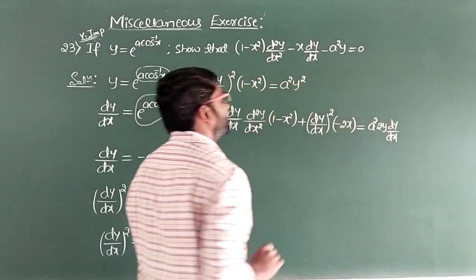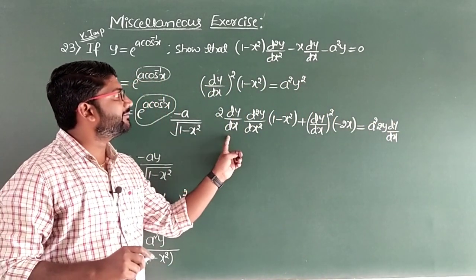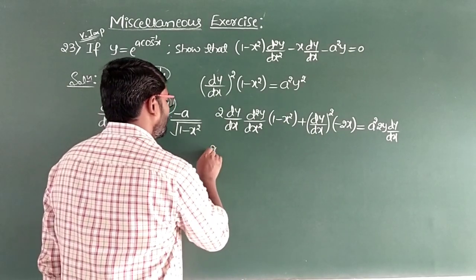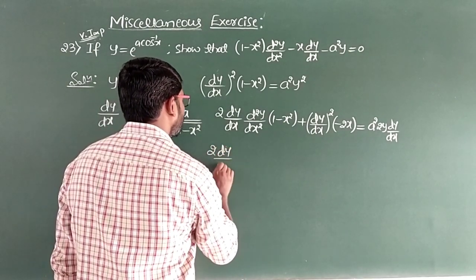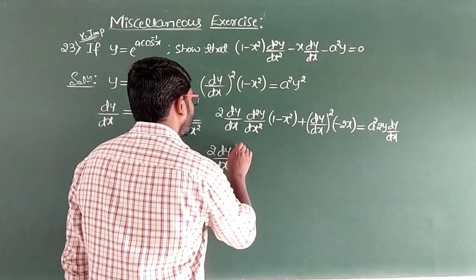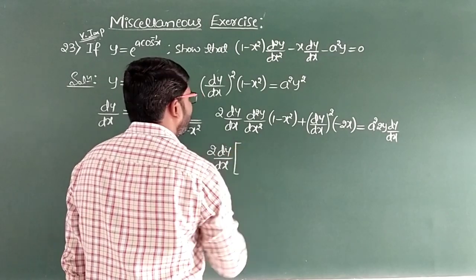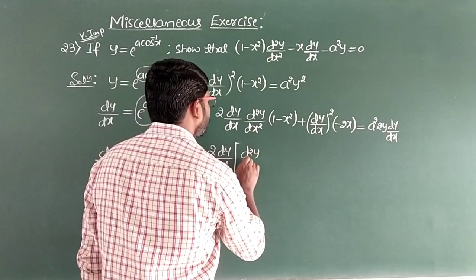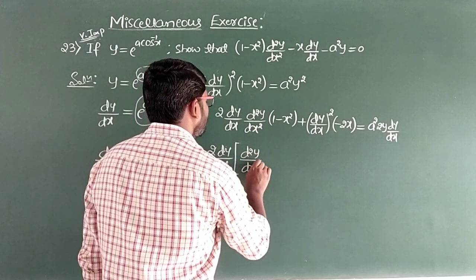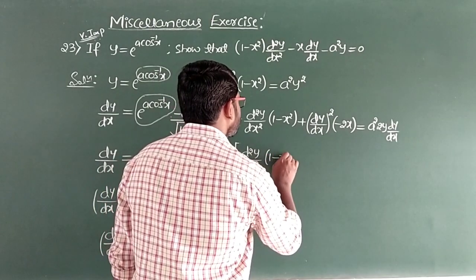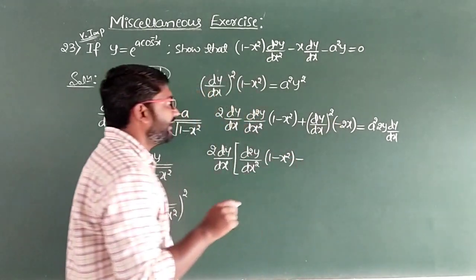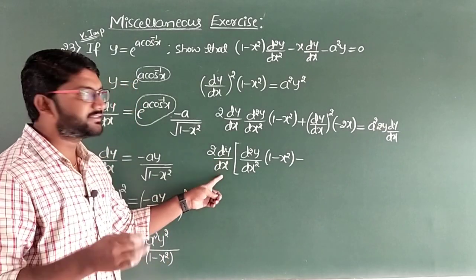So now what I will do is, I will take 2 times dy by dx common in the left hand side. Then write the remaining term now. So what do we get? d square y by dx square into 1 minus x square. So here plus into minus will be minus, and I have taken 2 times dy by dx common.